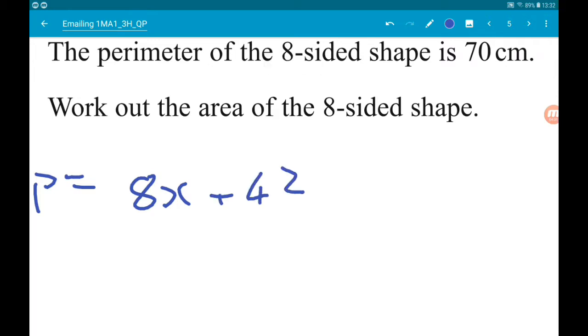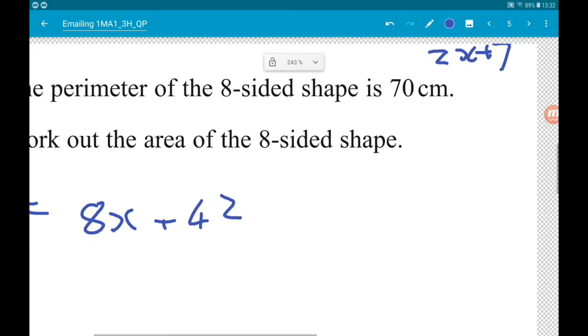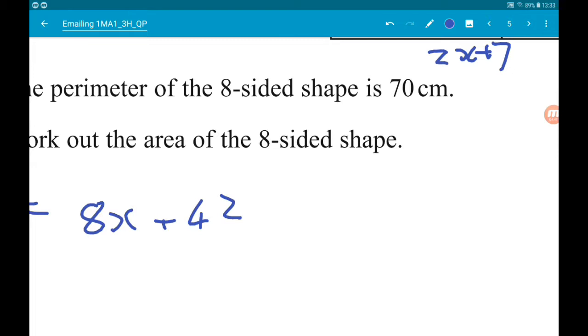So we know then 8x add 42 is the perimeter algebraically. Now we also know the perimeter is 70 centimeters. So we can set the algebra now equal to 70. And that now allows us to find the value of x.